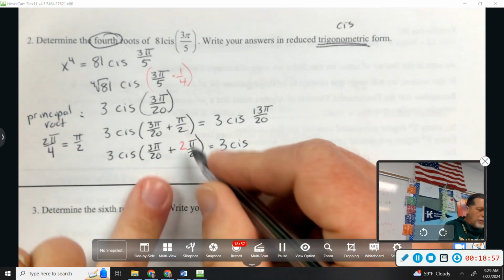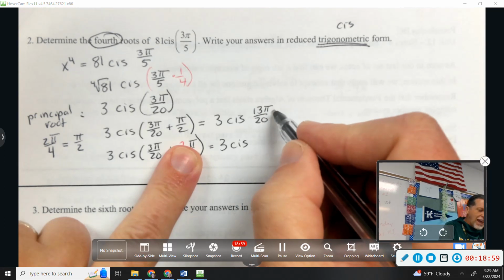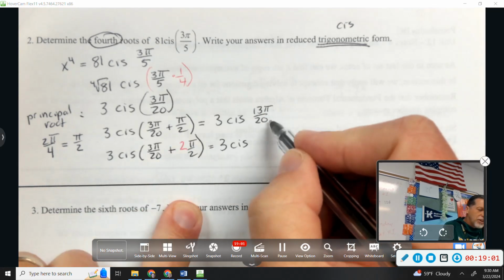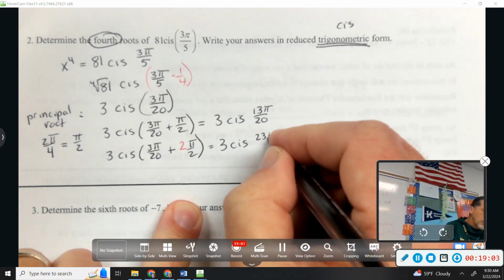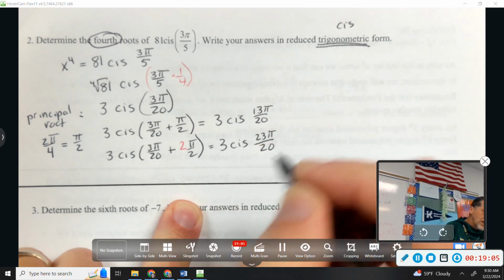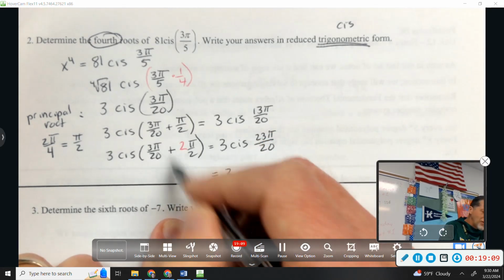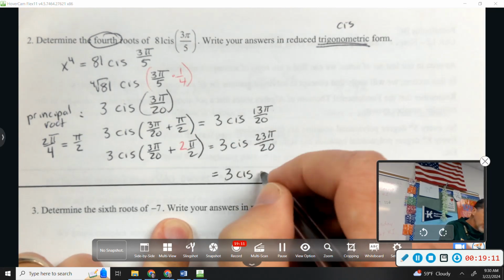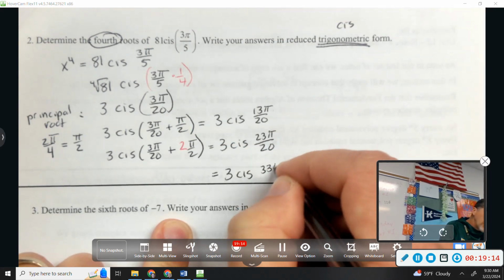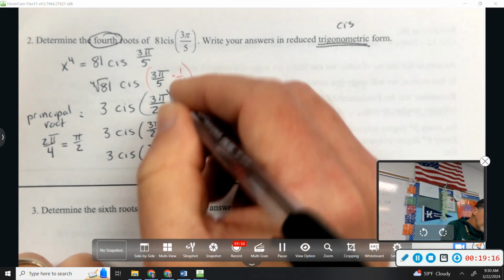I'm writing this, but in my mind I'm just going to add 10 over 20 to that. That would get me 23 pi over 20. And now that I've got a pattern going, I'm going to add 10 over 20 again and get 33 pi over 20.